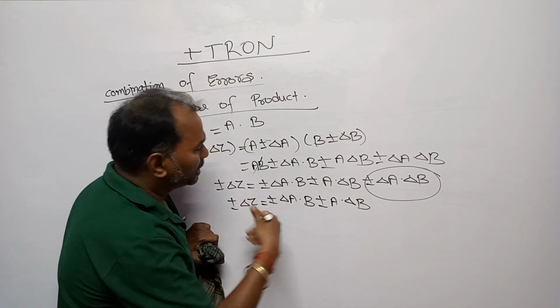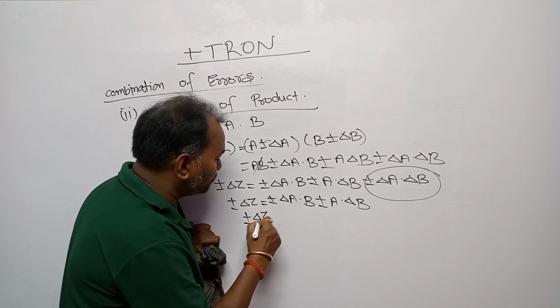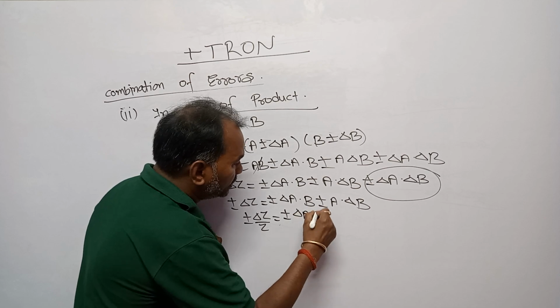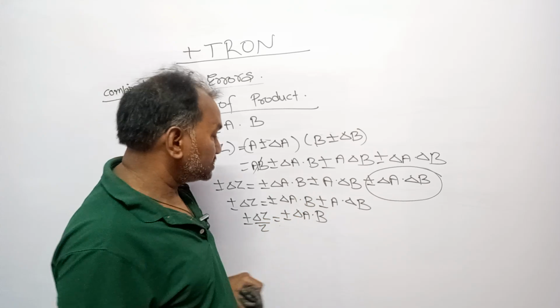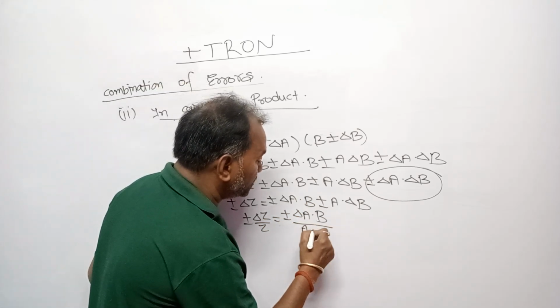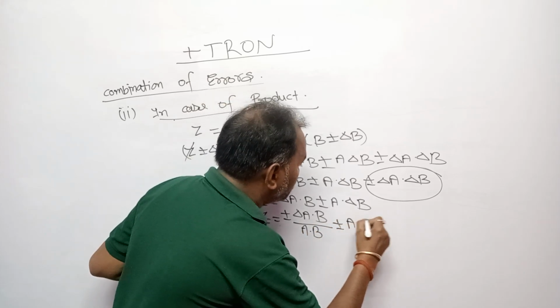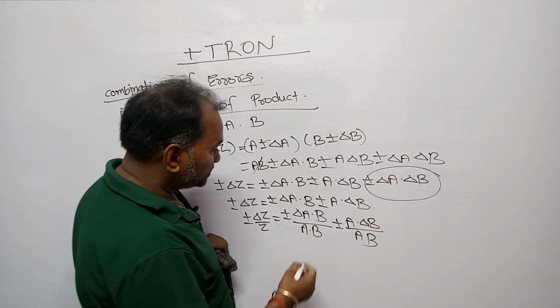So divide by Z: ± ΔZ/Z = ± ΔA × B. Divide by Z all the quantities, all the elements. Actually here I am writing AB instead of Z. Similarly A ΔB divided by AB. So what have you got?